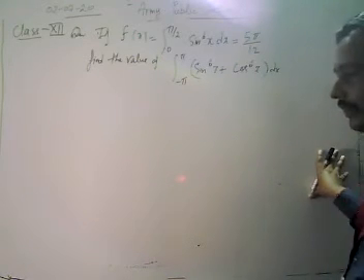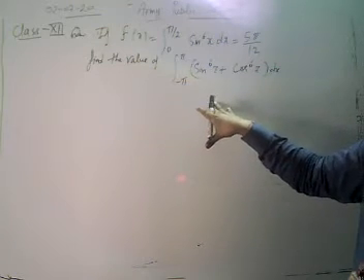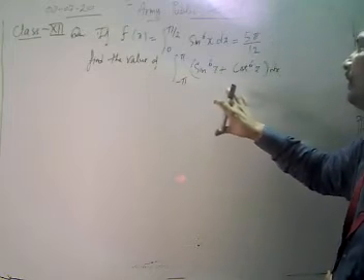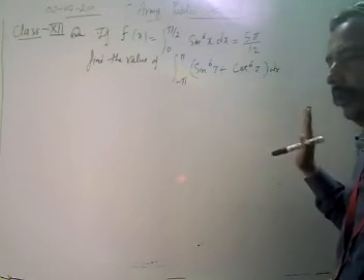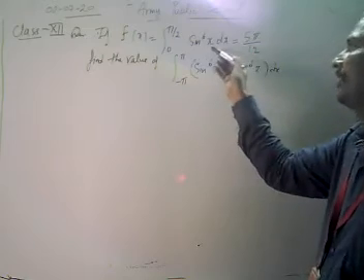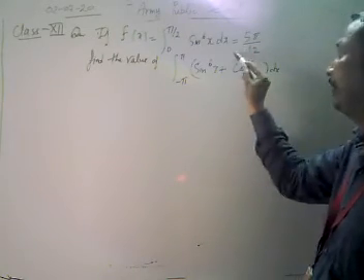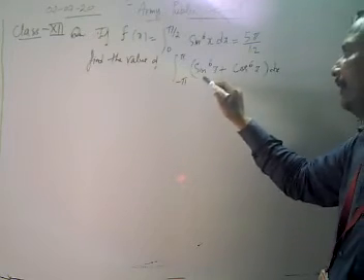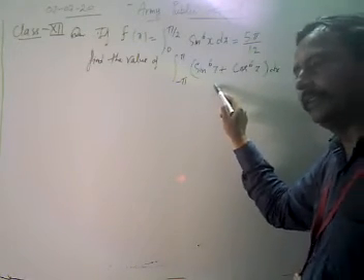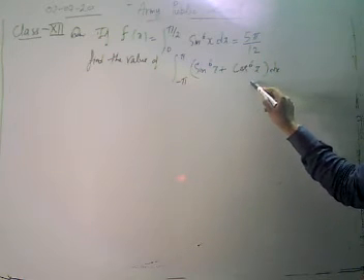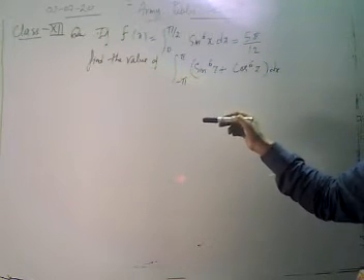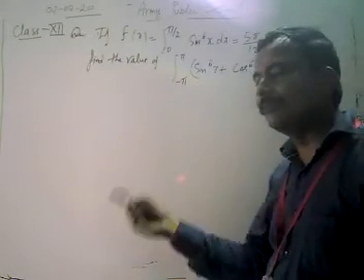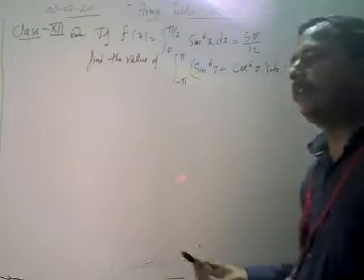Obviously it's not an odd function, because if it were odd its value would be 0. Putting minus x in place of x, we can easily verify that sine to power 6x is an even function, also cos to power 6x is an even function, and we know that when our function is even, then the integral from minus a to a is equal to 2 times the integral from 0 to a of f(x) dx.